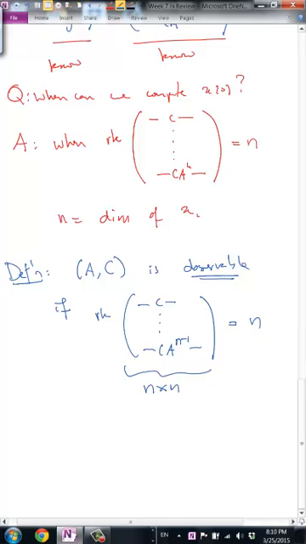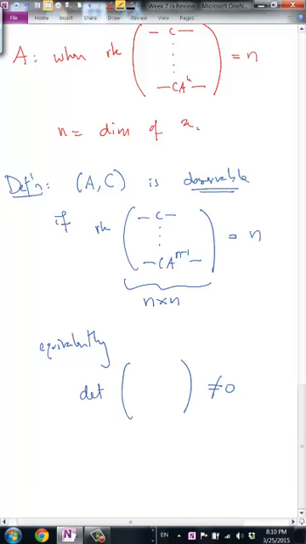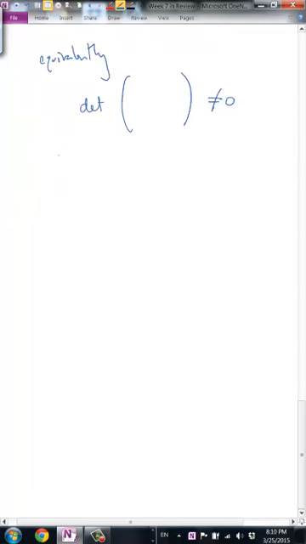So in other words, another way to test it is by checking the determinant. So equivalently, A and C, the pair, is observable if the determinant of this same matrix is anything different from 0. So that's observability.